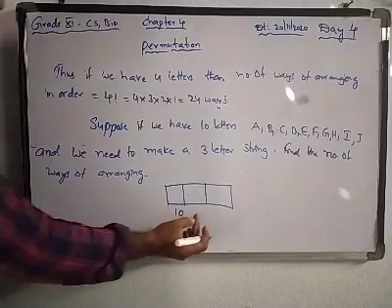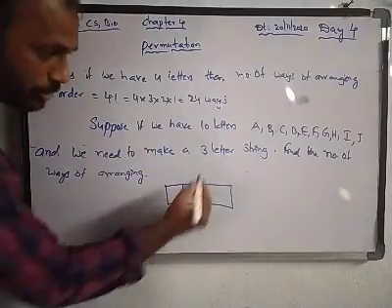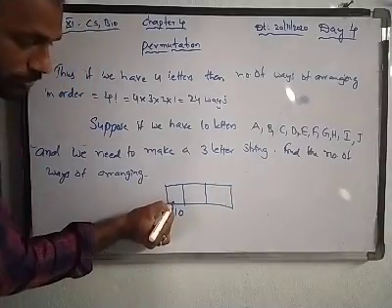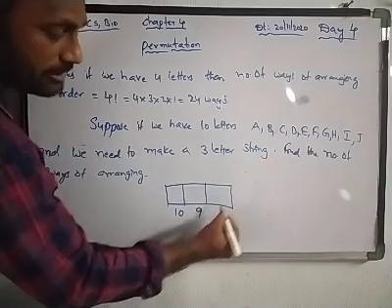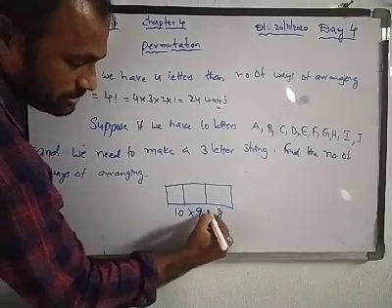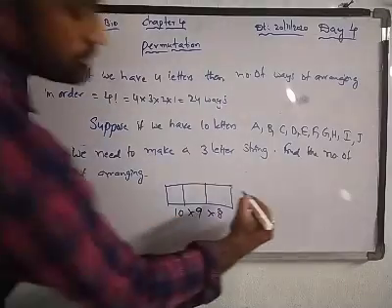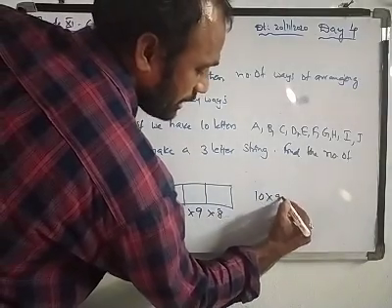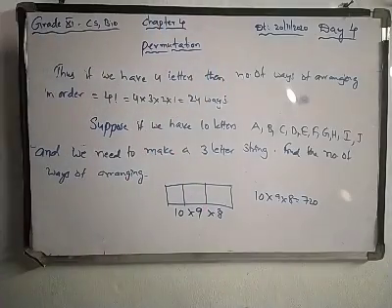If repetition were allowed, it would be 10 into 10 into 10. Since no repetition is allowed, one letter is already used, the remaining will be 9 letters, and then the remaining will be 8 letters. So the answer is 10 into 9 into 8, that is 720 ways I can arrange.